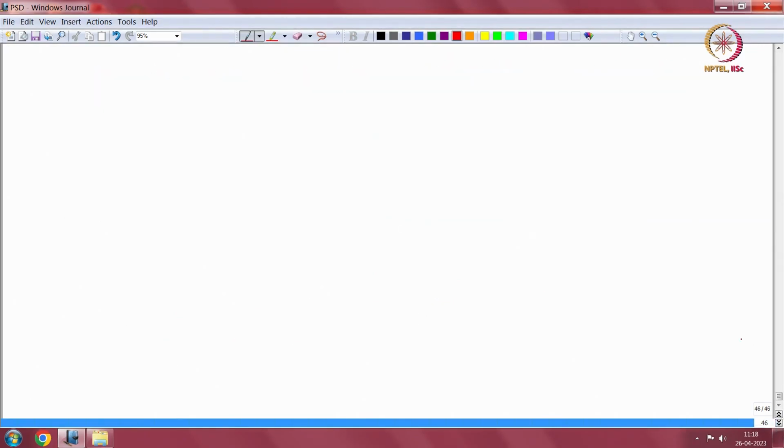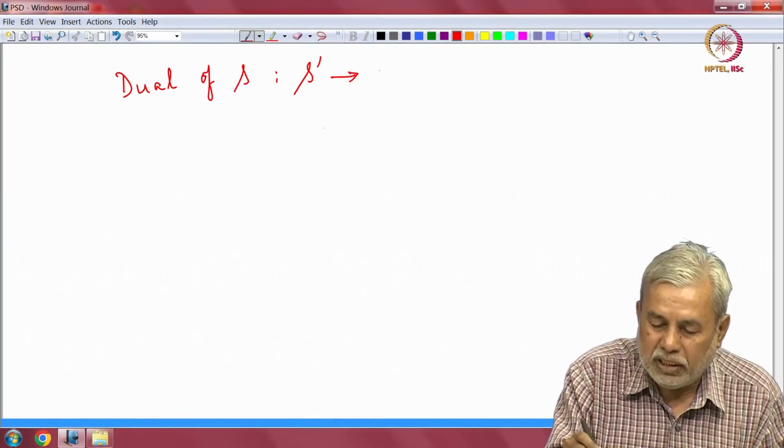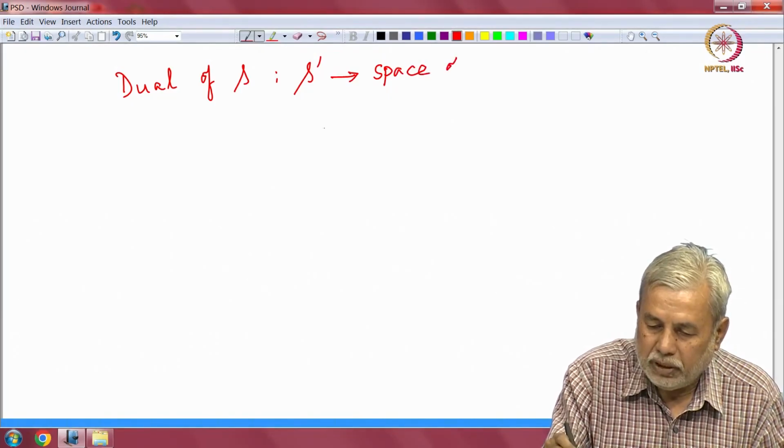So coming back to the discussion, the dual of S now, we'll talk about that. We denote it, as usual, by S prime, and this space has a name. This is called the space of tempered distributions.